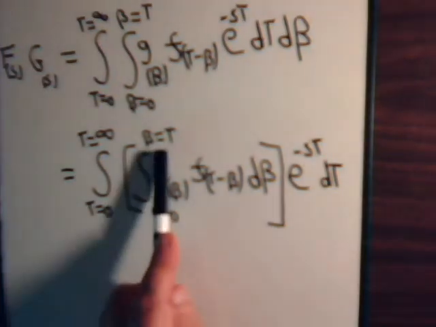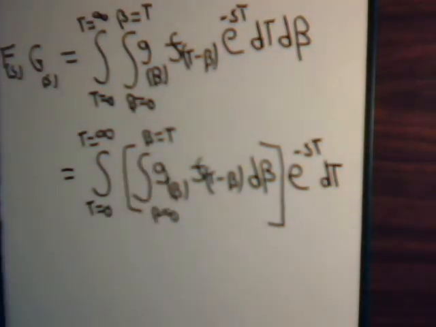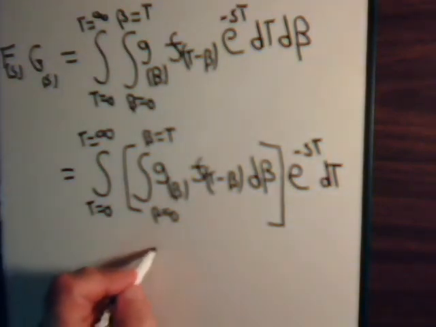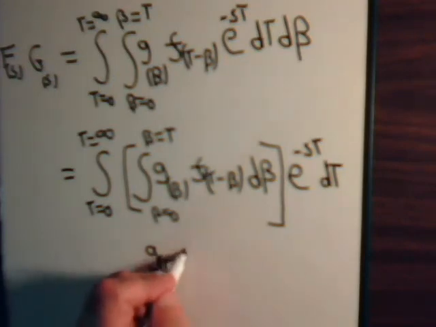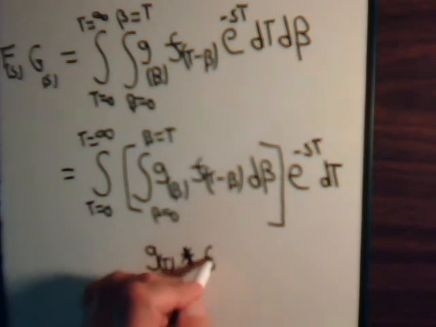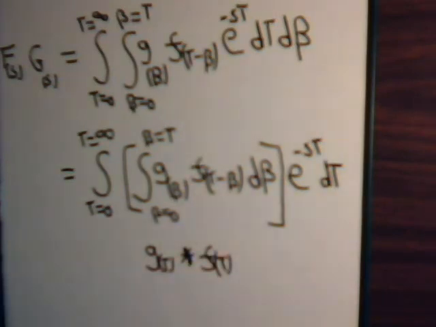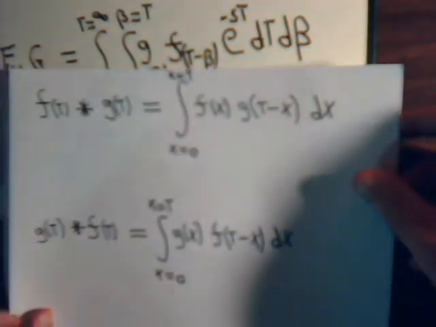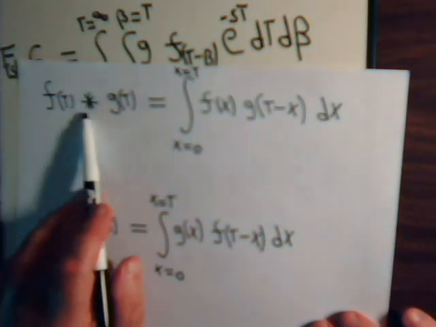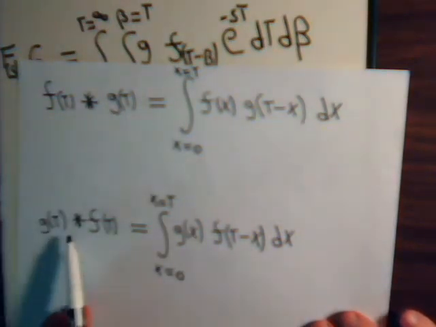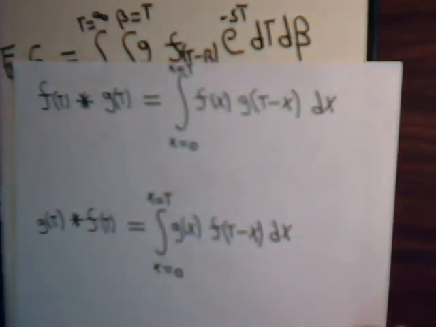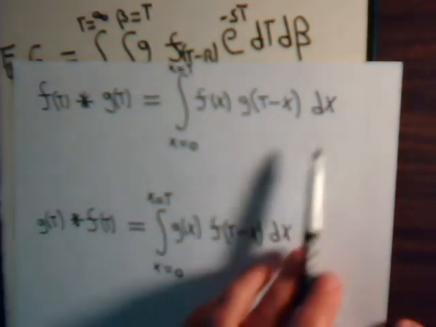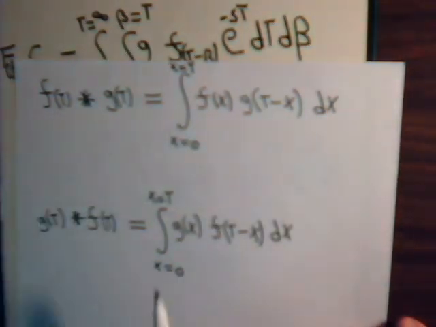Beta goes from 0 to beta equals t. So that's a convolution. That would be g of t convoluted with f of t, or f of t convoluted with g of t. They have different integral expressions, but as we demonstrated in previous videos, these are equal to each other.